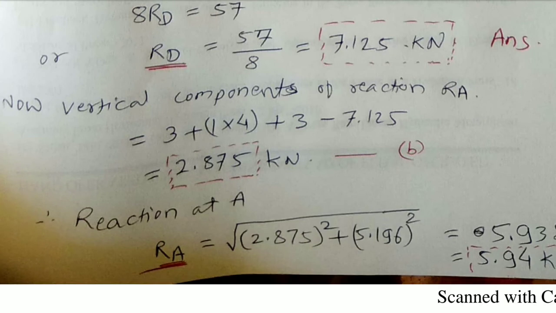So we get 2.875 kilonewton. So the vertical component of reaction A is this, let's call it small b.